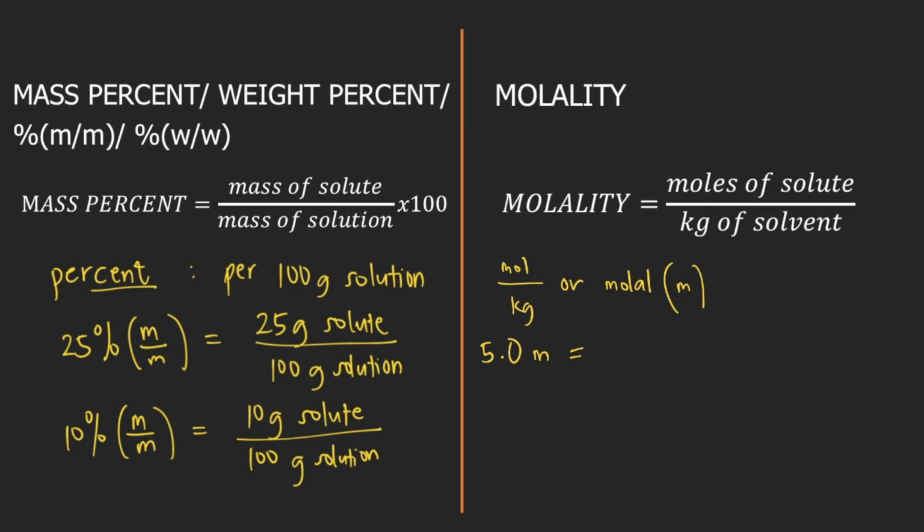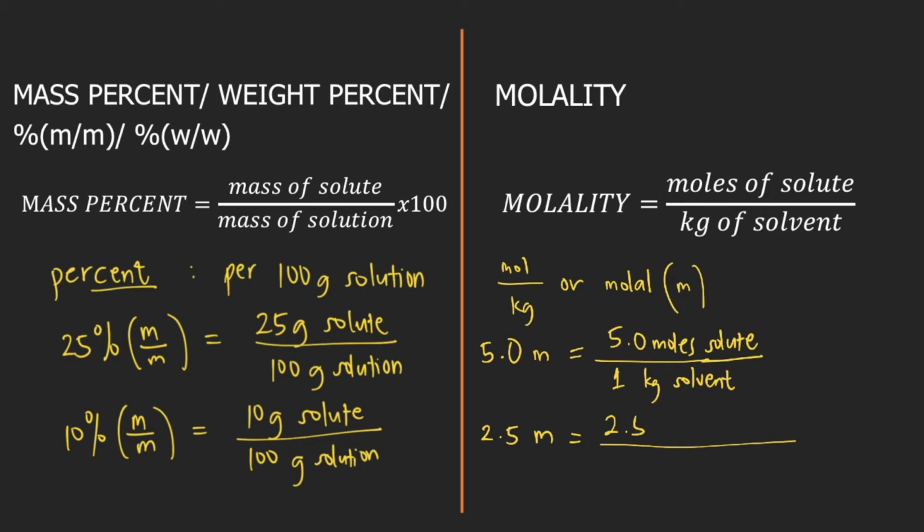This is equivalent to 5 moles per 1 kilogram of solvent. So 5 moles of solute per 1 kilogram of solvent. Another example, say you are given 2.5 molal.